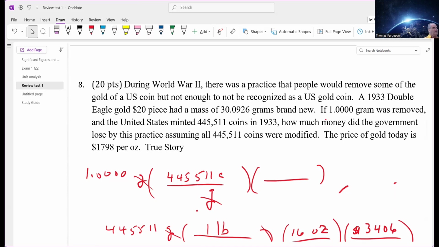The reason why we could do pounds and then pounds to ounces, that would be fine too. As long as your conversions make sense, that works. So there's probably 3 or 4 different ways to do this problem, but it's all in which conversion factor you're using. As long as you use unit cancellation, it's fine.